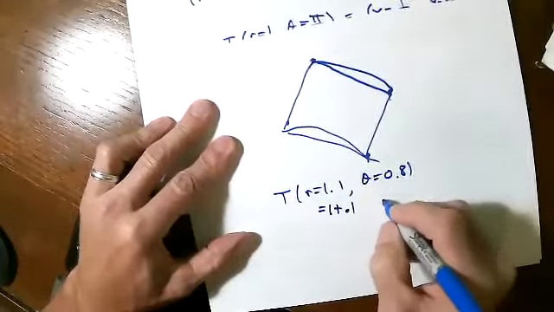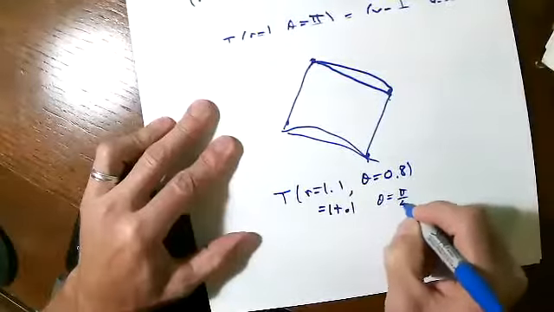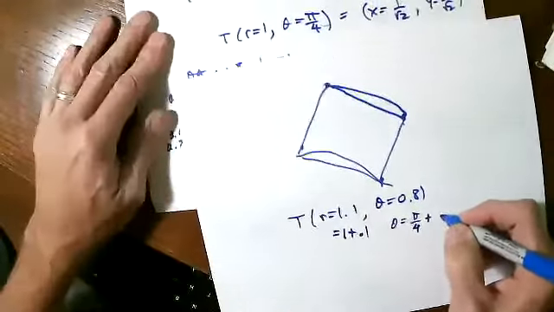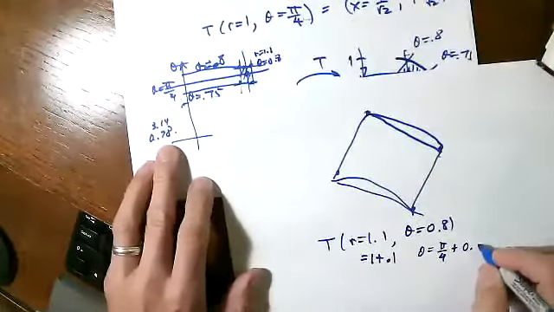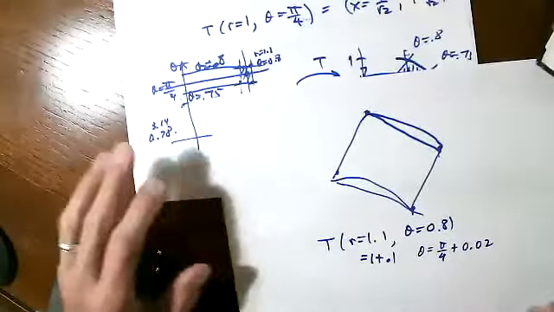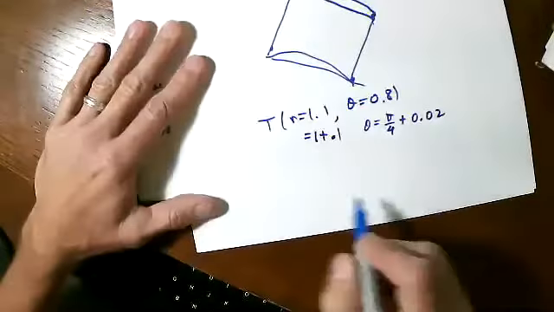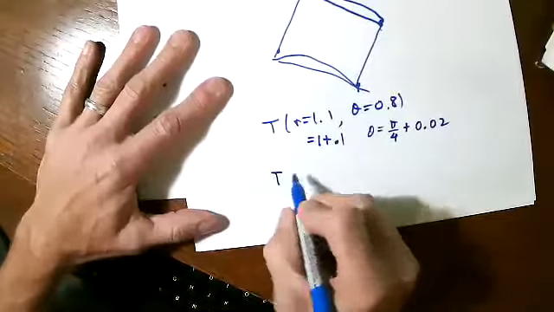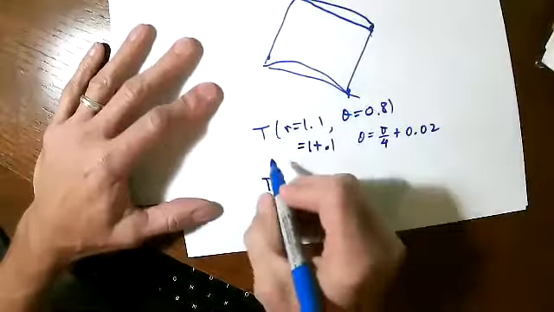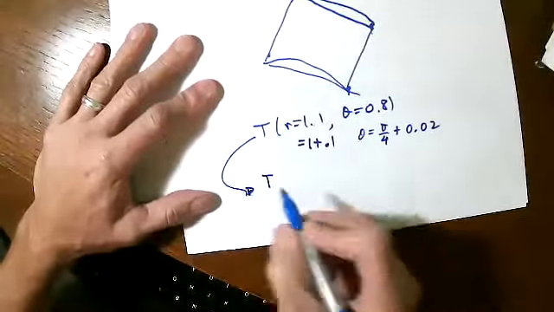This point here is pi over 4 plus a small movement in the theta direction. I don't know what this amount is, 0.02 apparently. And then what a derivative does for you is it says, look, if you want to calculate T of this thing, we did this earlier in the semester.